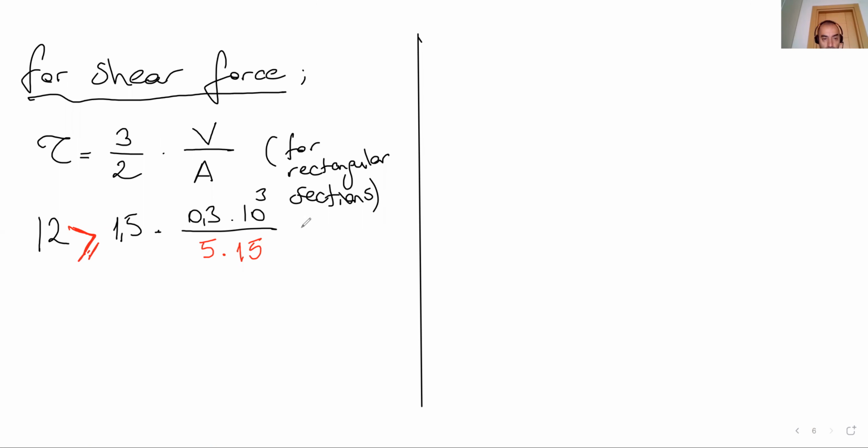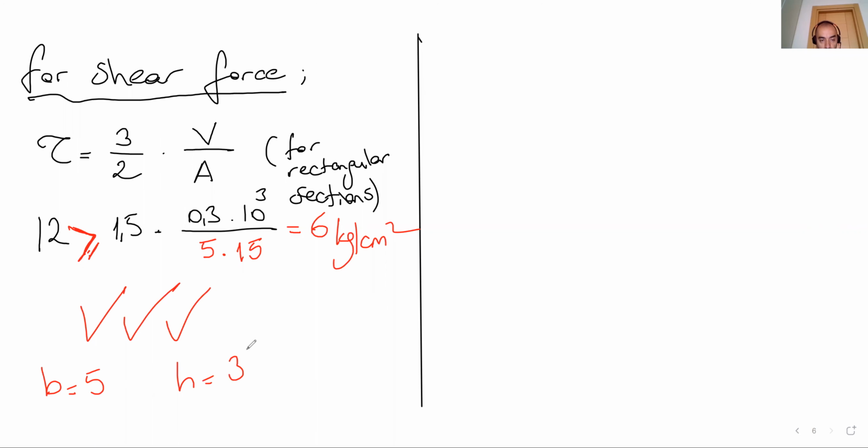Yes, here the result is 6, kilogram per centimeter square. So this is less than 12. Our selection, B is 5 and H is 3B, 15 centimeters, is okay.